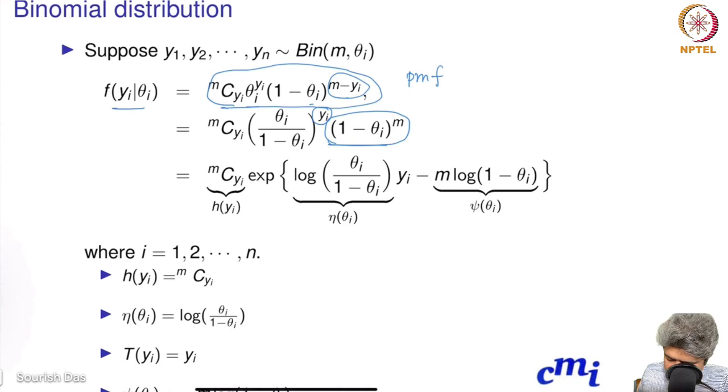Then this entire thing I can write as e to the power log, since I can write p as e to the power log p.